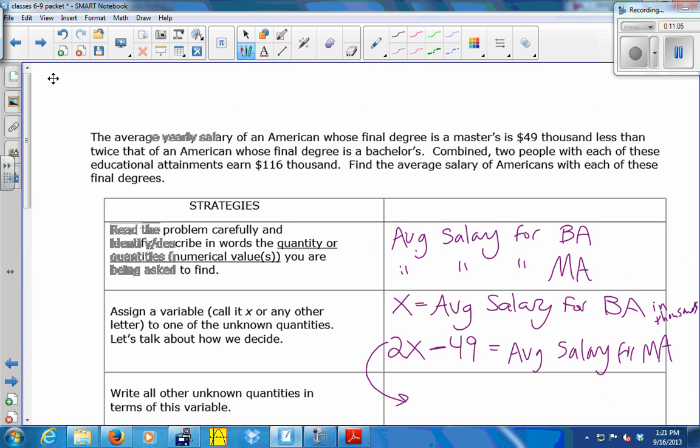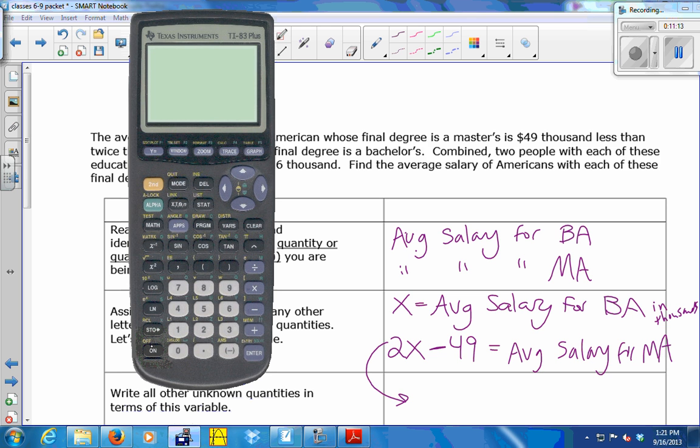The master's degree should be 49,000 less than twice that. So if I double the 55, 55 times 2, and subtract 49, I get 61.